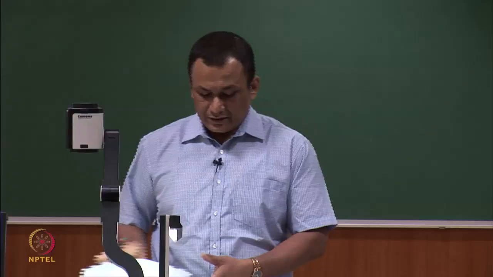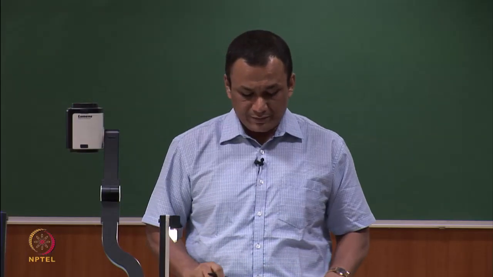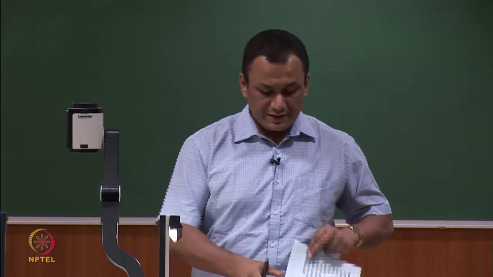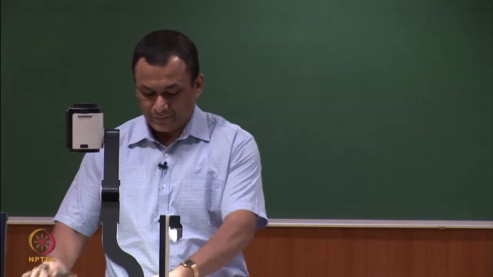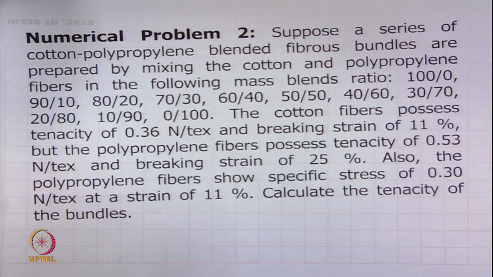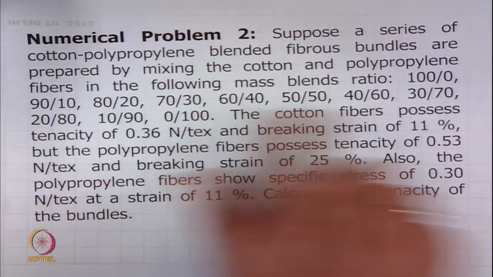Now, let us consider a second numerical example, in a very similar manner. Suppose a series of cotton polypropylene blended fibrous bundles are prepared by mixing cotton and polypropylene fibers in the following mass blend ratio: 100 0, 90 10, 80 20, 70 30 and so on.